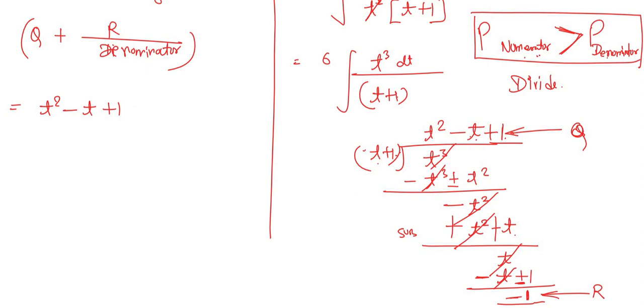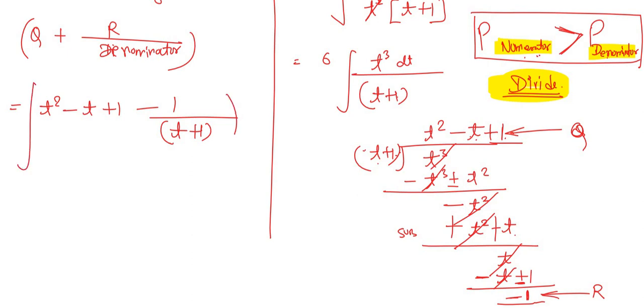Minus 1 by the denominator, which is this. So this is what I got after division. The important step is divide. Whenever the numerator power is more than the denominator, divide. And I got this. Now I am ready to integrate. After division, it's easy to integrate.